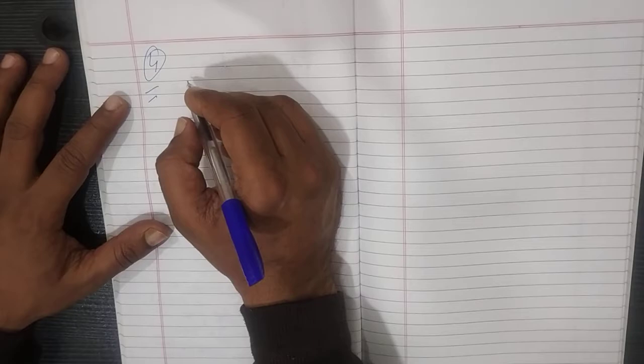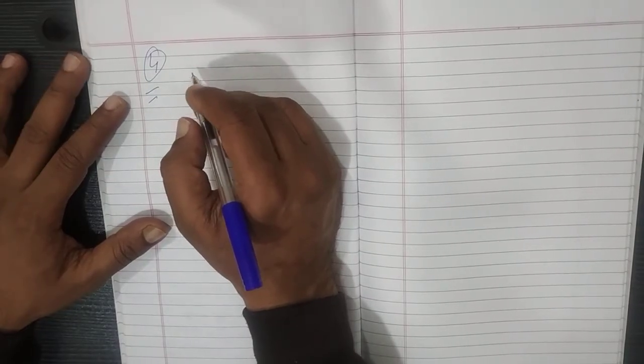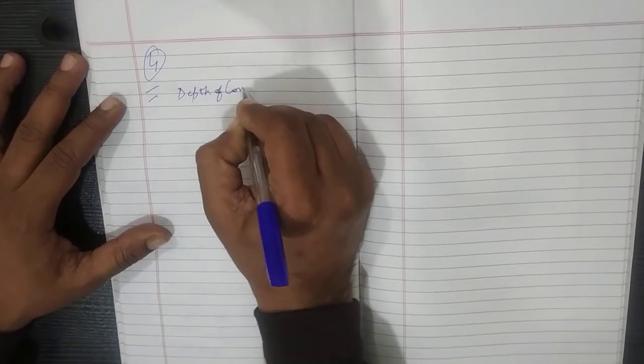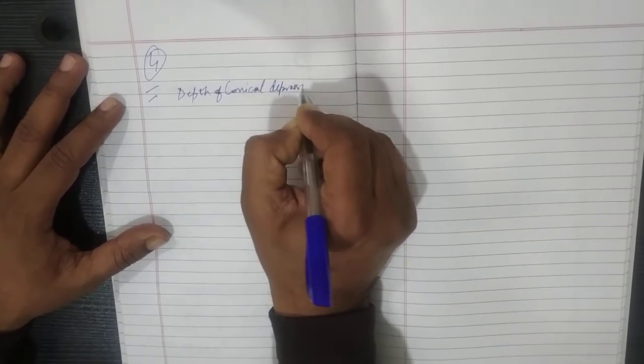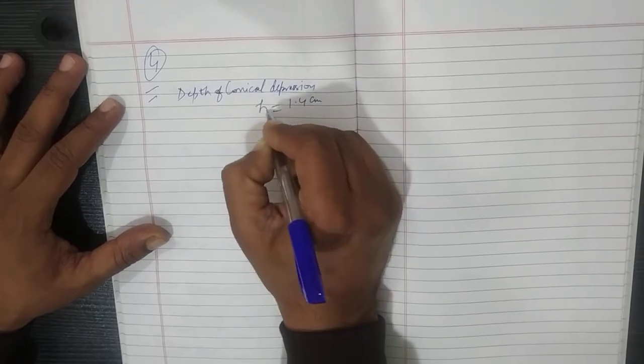In the fourth question, a pen stand made up of wood is in the shape of a cuboid with 4 conical depressions to hold pens. First of all, it is given the depth of conical depression is 1.4 centimeter.